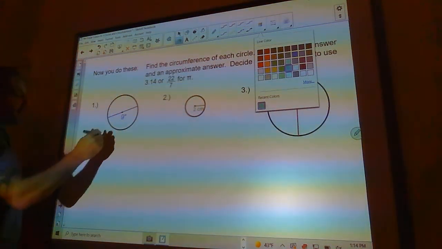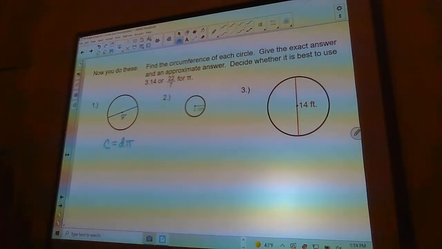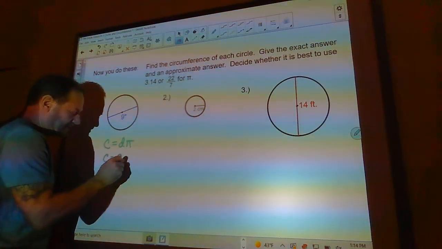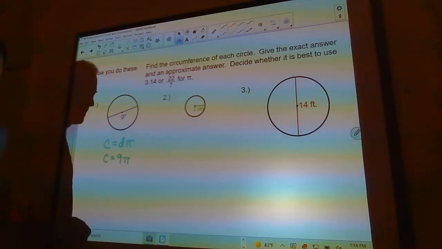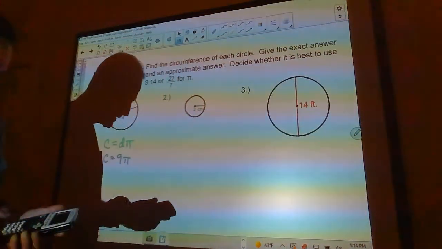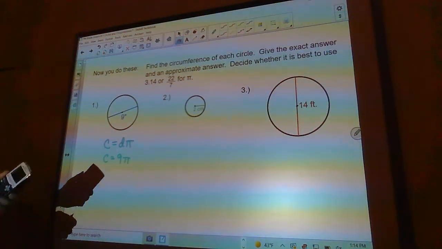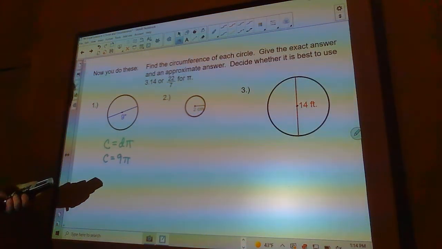Okay, on this one we've got a diameter. I'm going to use the formula C equals diameter times pi. I'm just going to plug 9 in for the diameter. So there's my exact answer, 9 pi. I will get out my handy-dandy TI-84 Plus C Silver Edition graphing calculator or some reasonable facsimile thereof, and plug that in.